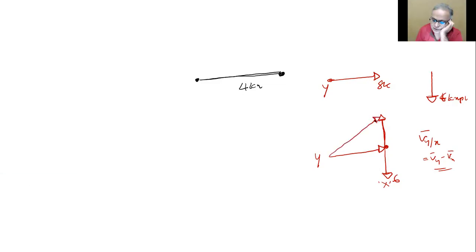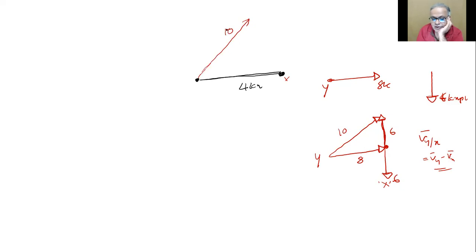How much is this? 6. I'm not writing -6, Suhita. When I'm showing the vector here, just the magnitude is enough. This is 8. This is 10. That means for X who is here, Y is going like that with velocity 10.